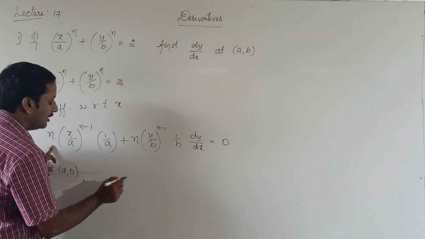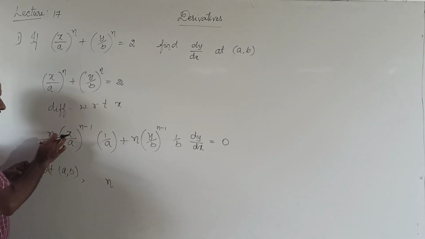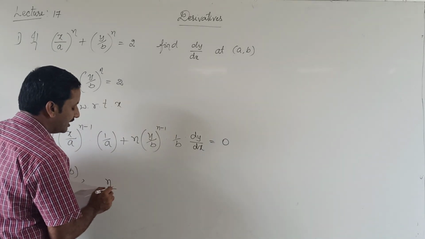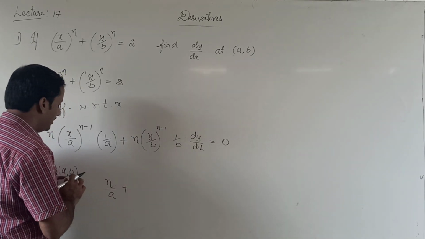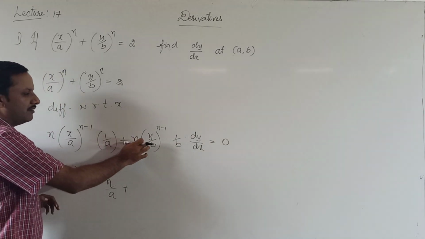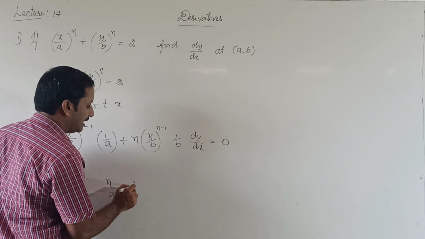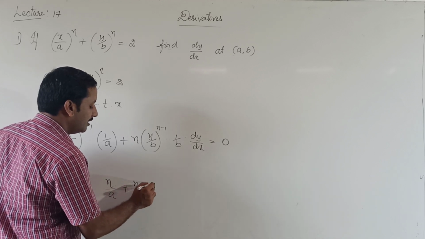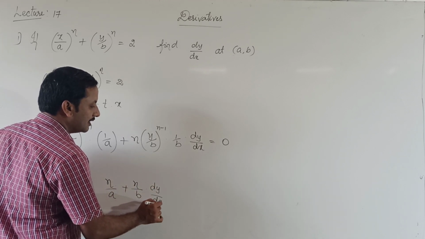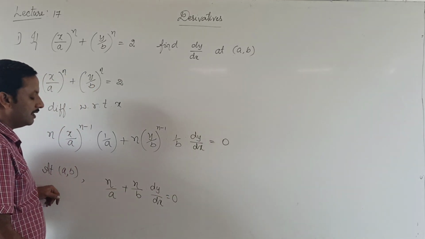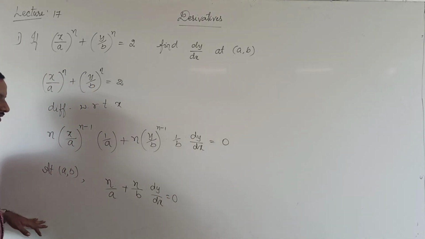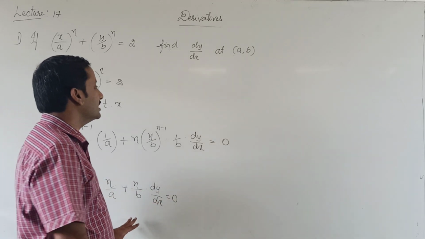This will be n into, here I am putting x as a, a by a is 1 power n minus 1, so n into 1 by a, that is n by a, plus y is equal to b, b by b is 1 power n minus 1, that is 1, plus n by b into dy by dx is equal to 0. So n by a plus n by b into dy by dx is equal to 0. Take this n by a to the RHS.